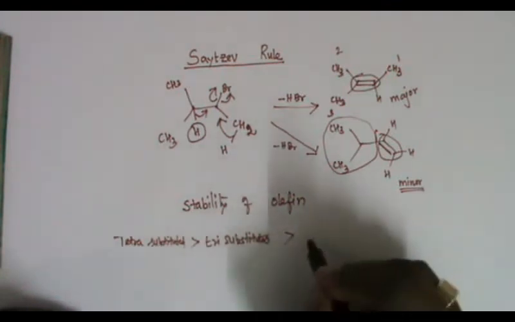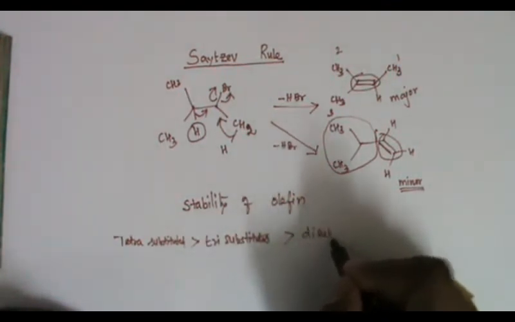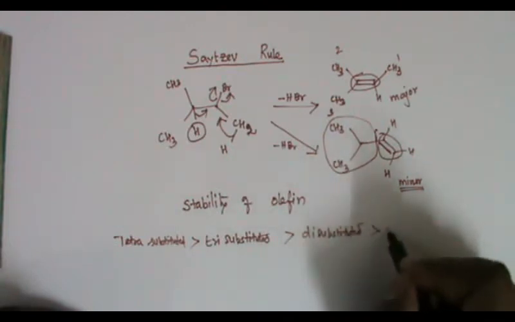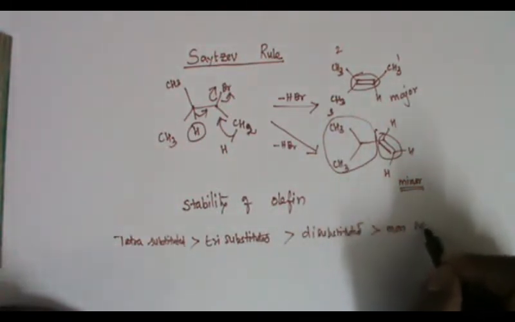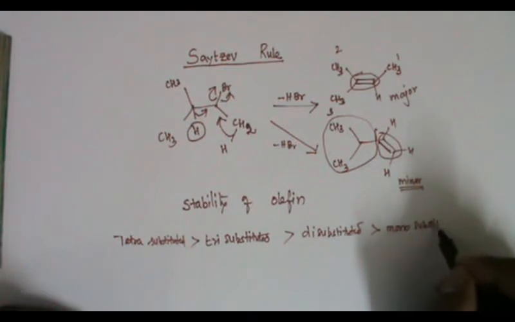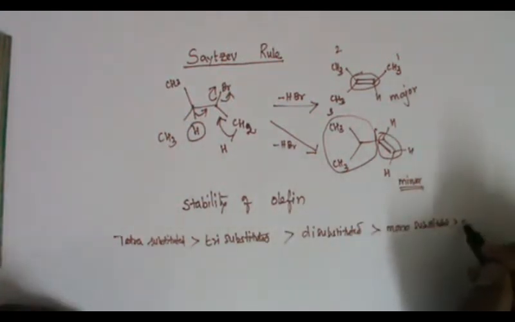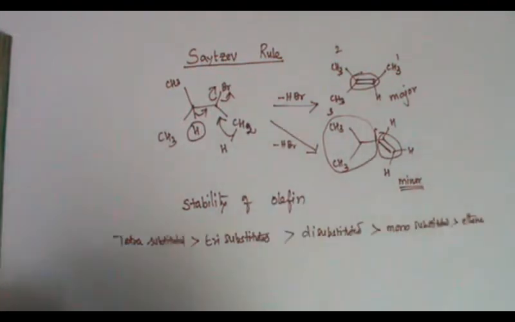Tri-substituted olefin is more stable than di-substituted, which is more stable than mono-substituted, that is more stable than ethylene. So that is unsubstituted. Because of that, this is more favored than the other one.